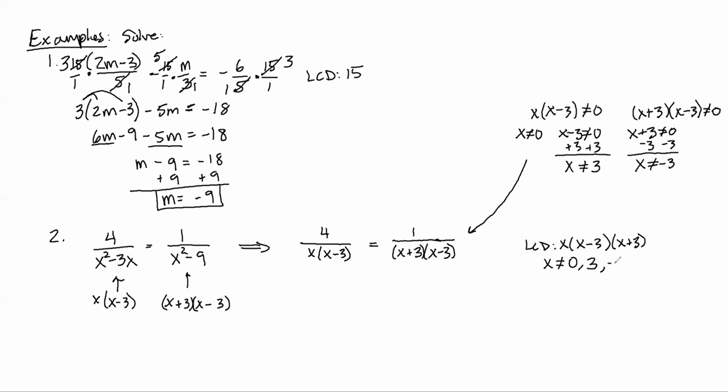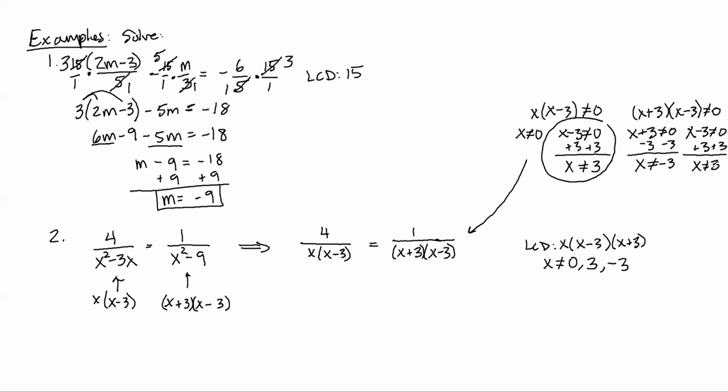Add that to the list. And then our other one, we have x minus 3 cannot equal 0. And now if you notice, this is exactly the same as what we had over here. So if I were to go through and solve this one again, we would get x cannot equal 3.